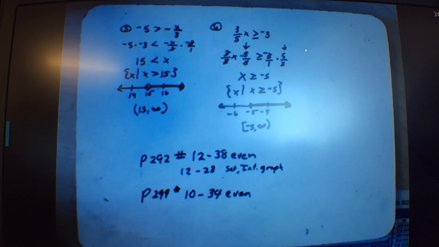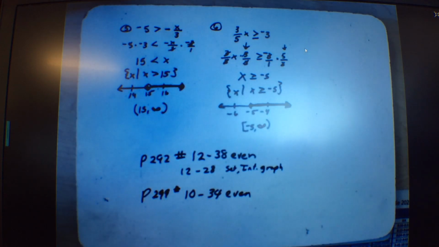Now, number 10, do you have to do all three? No, because it's a story problem. You start doing all three at 12. How about number 30 and 32, 34? Do you have to do a story problem, or do you have to do all three? No.